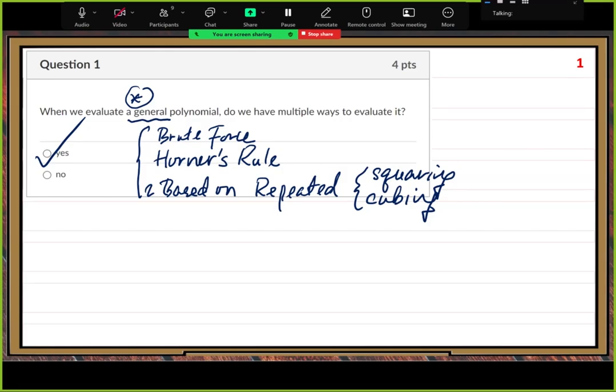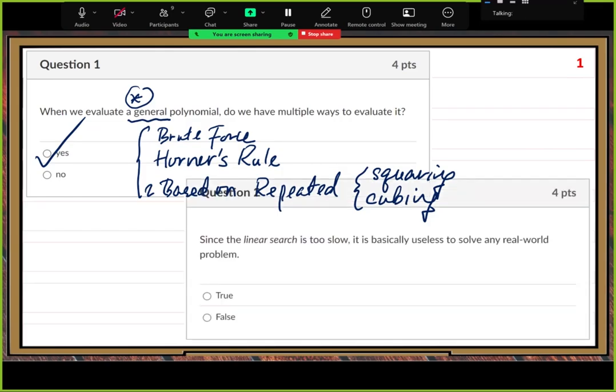All right, next question. Since linear search is too slow, it is basically useless to solve any real-world problem. That's false. It's still useful.